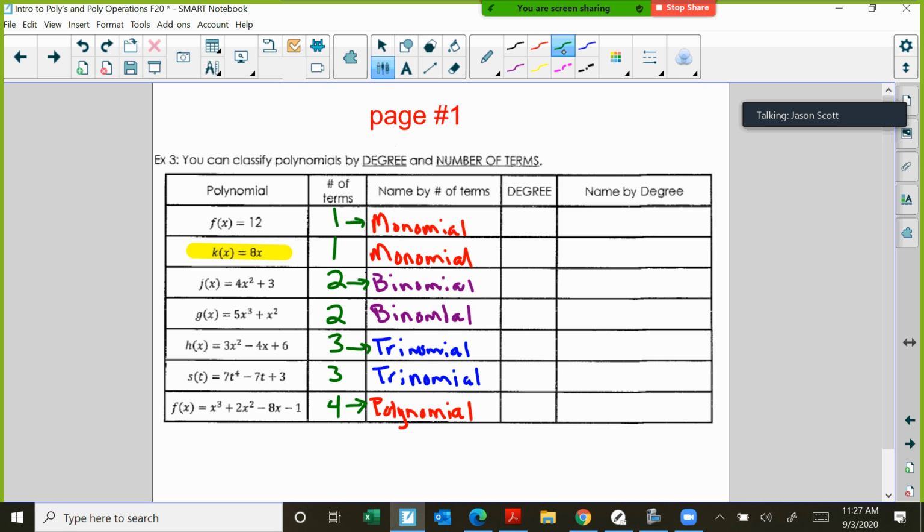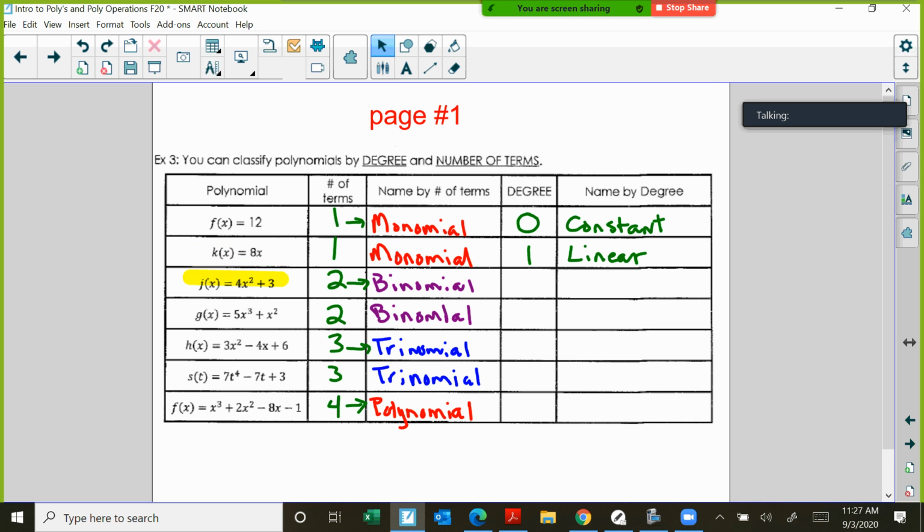Our degree on this first problem is 0, and we call that constant. Degree on the second one is 1. We call that linear. The degree on the third one is 2. We call that quadratic.